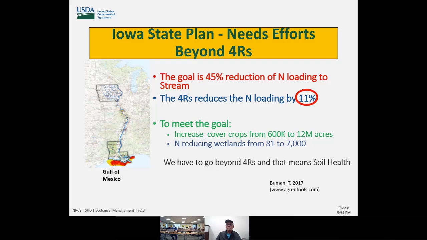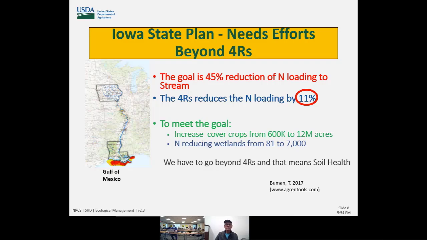So to reach the target of a 45% reduction of nitrogen loading, they need to increase cover crops from 600,000 acres to 12 million acres. And they also need to increase the wetland from 81 to 7,000.